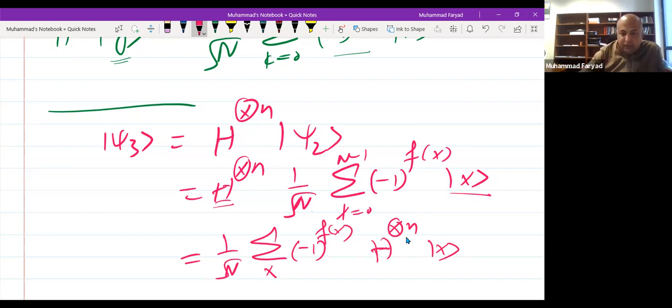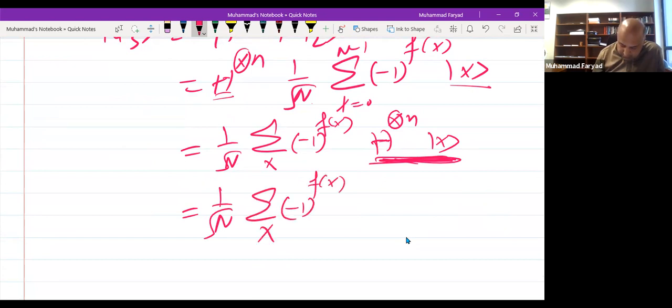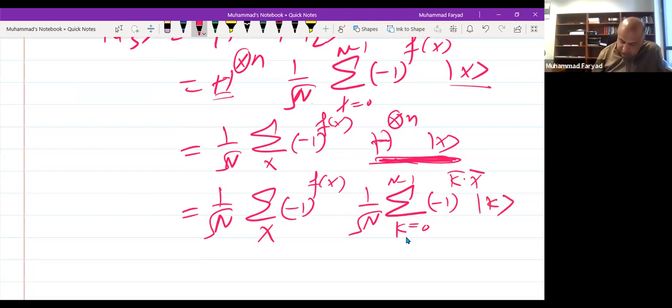Hadamard goes to this state x, and now this thing we just wrote, that the Hadamard transform applied to a general n-bit state |x> is given by 1 over square root of n, sum over k going from 0 to n minus 1, minus 1 raised to the power k dot x.